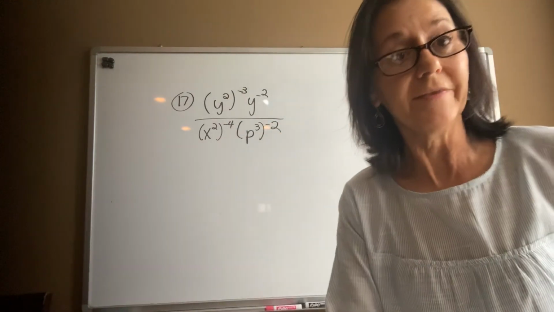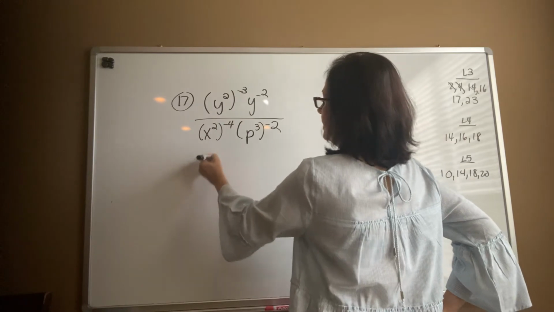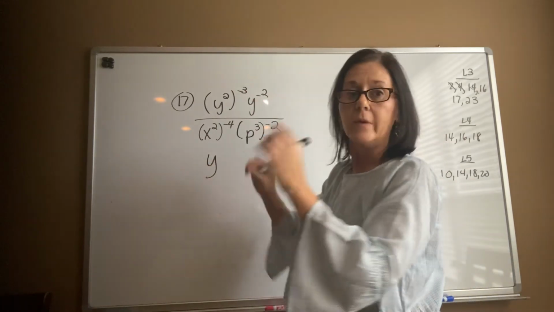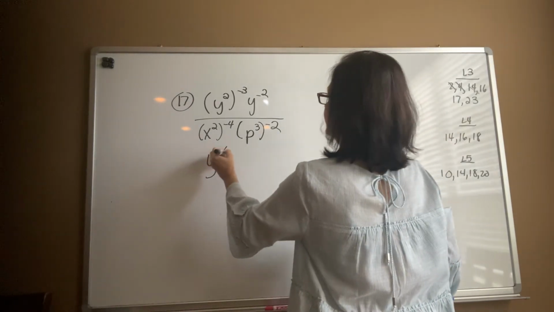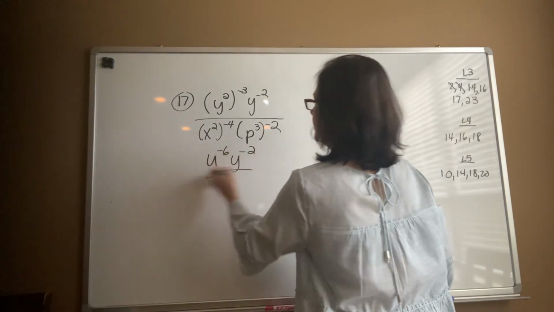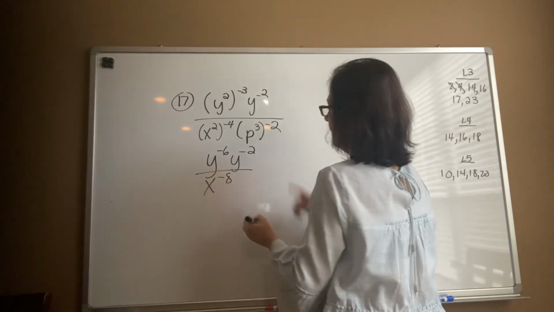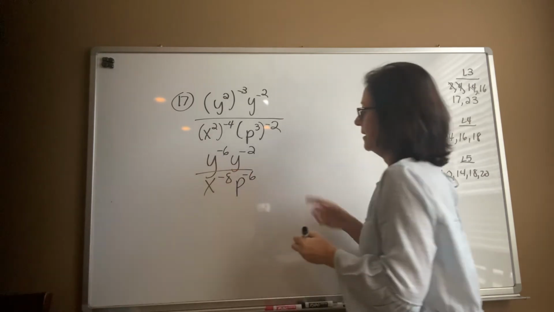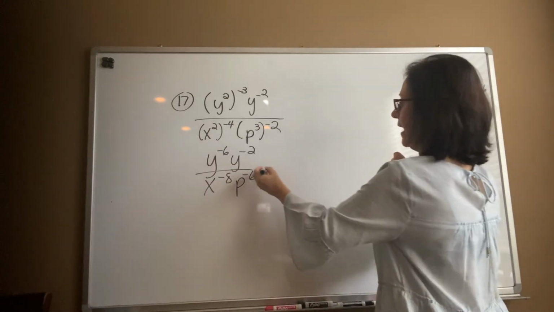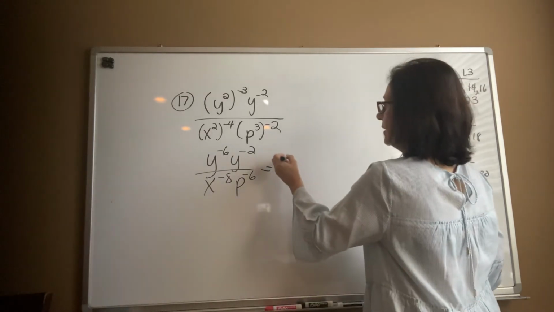We'll eliminate parentheses first. Y squared to the negative 3. A power raised to a power, we multiply. So that's negative 6. Y to the negative 2. 2 times negative 4 is negative 8. P cubed to the negative 2 is P to the negative 6. We'll combine our variables in the numerator.